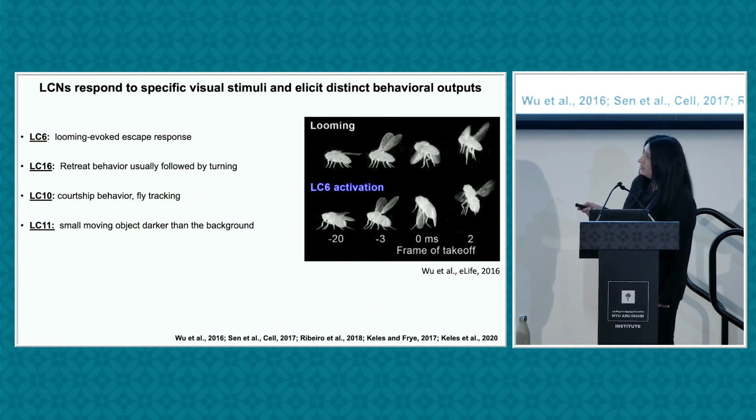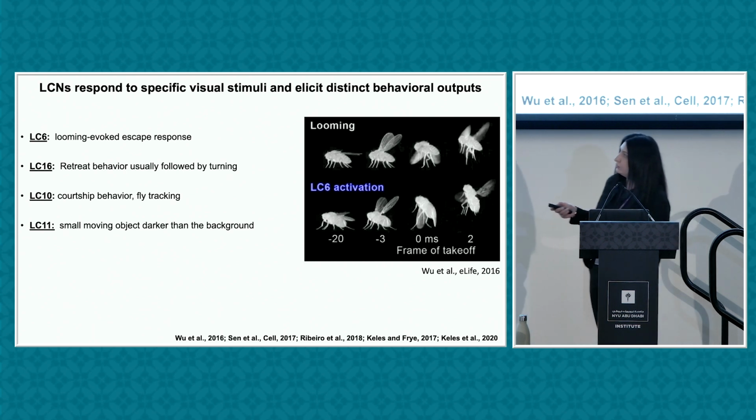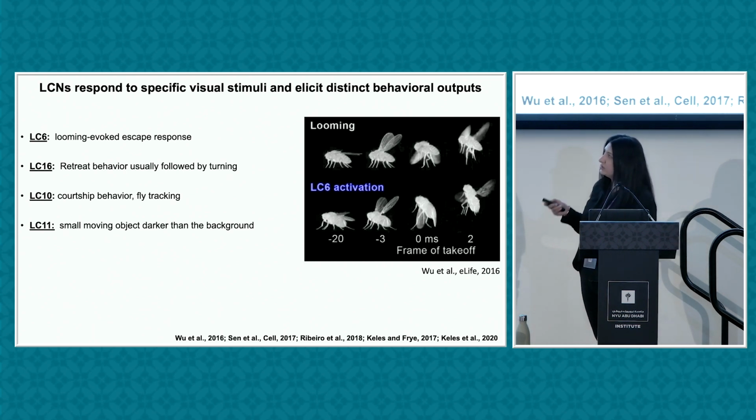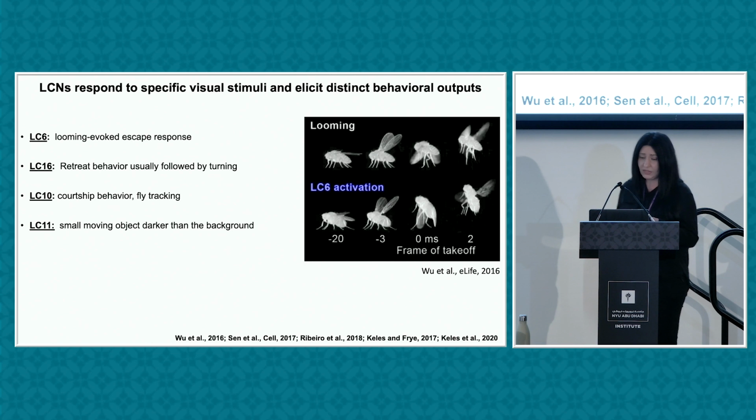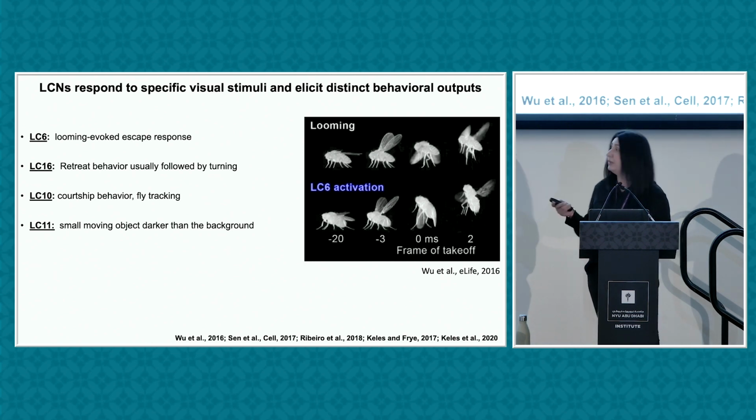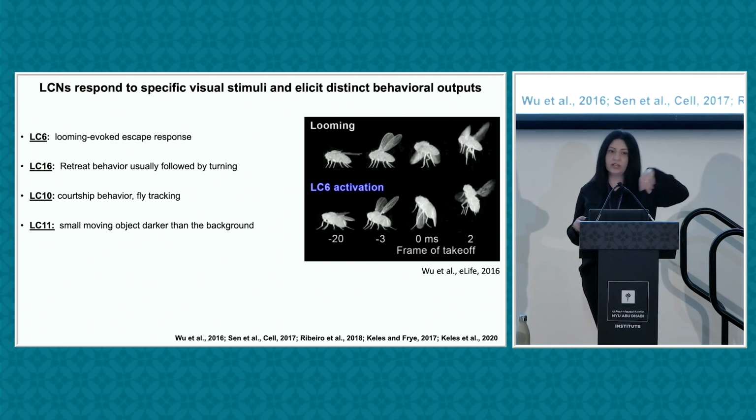And so other LCs, their functions: LC16 are also activated by looming. However, they have a different behavioral output. When LC16 neurons are activated, the fly basically has a retreat. So they walk backwards, turn around, and fly away.